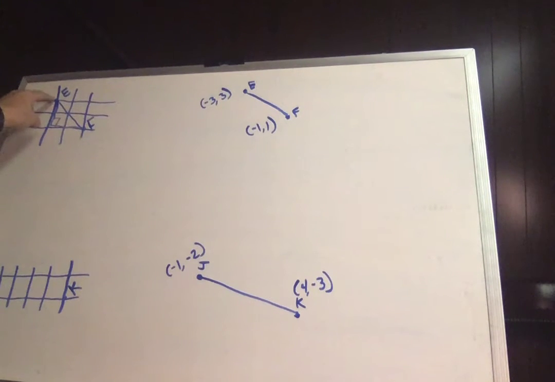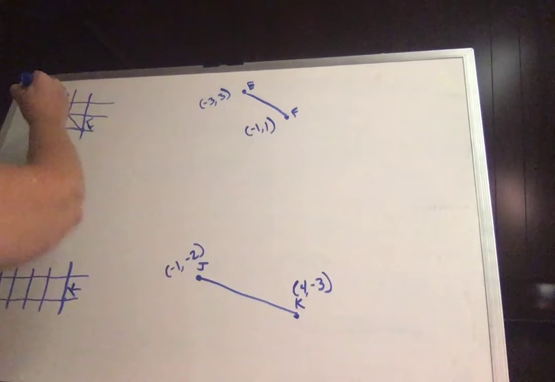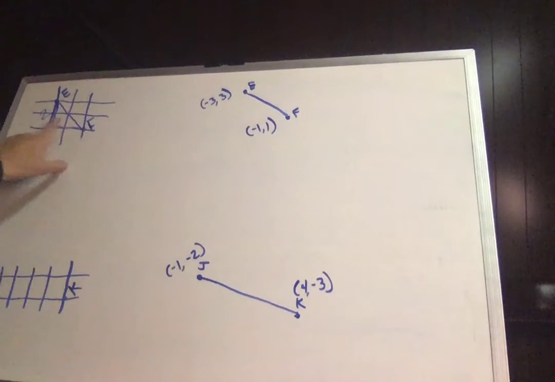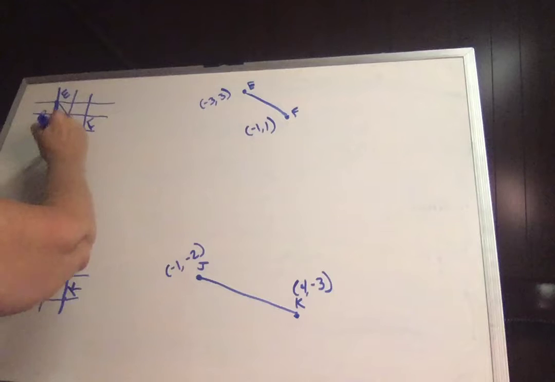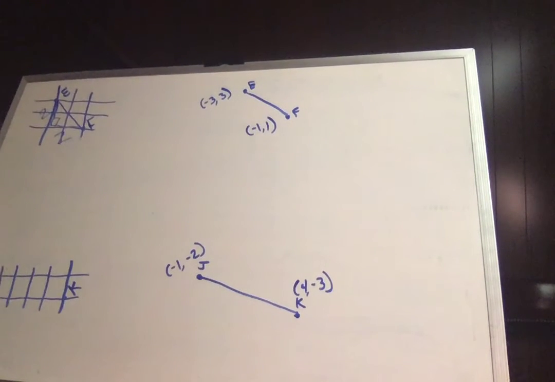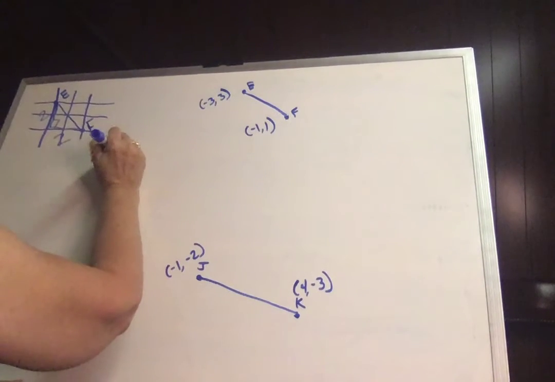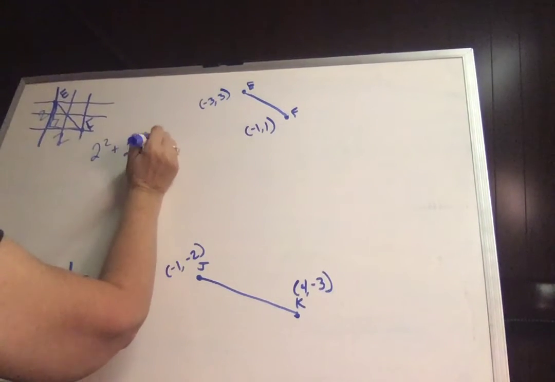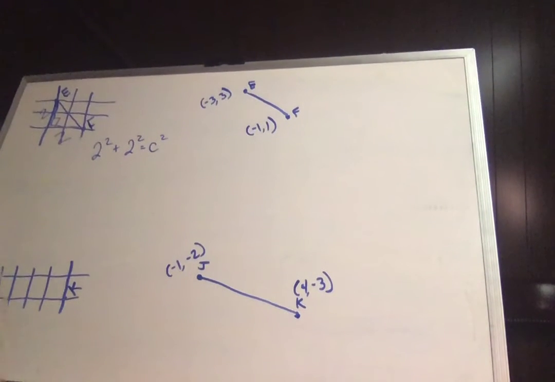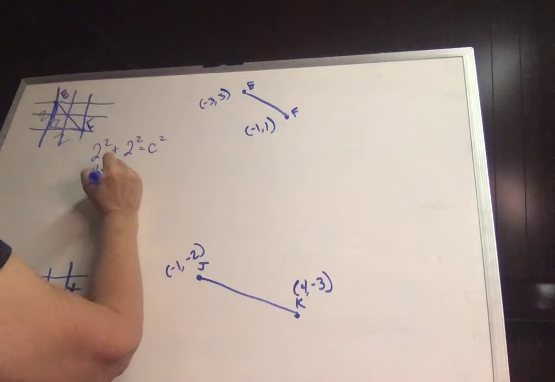So from E down, 1, 2. From F over, 1, 2. And so it appears the two legs are 2 each, and we need to find the hypotenuse. So we fill it in. 2 squared plus 2 squared equals c squared. Pythagorean theorem, what you just learned. And 2 squared is 4.